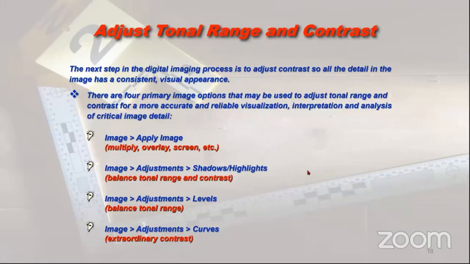So again, when you have something where you have the highest possible degree of contrast, you have the highest possible degree of control using shadows and highlights. But I don't want to minimize the value of apply image, because that's one of those tools that I do like to use a lot as well.